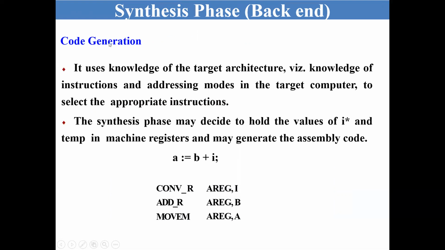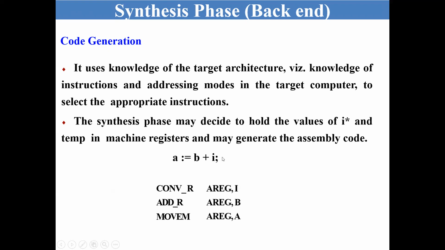And at the end, you have to generate the code. It uses the knowledge of the target architecture. To write code, you should know the architecture of your processor, right? You should know the instructions and addressing modes used in your target program or target computer. The flow is that simple.